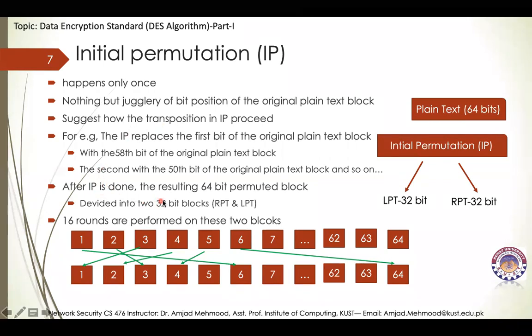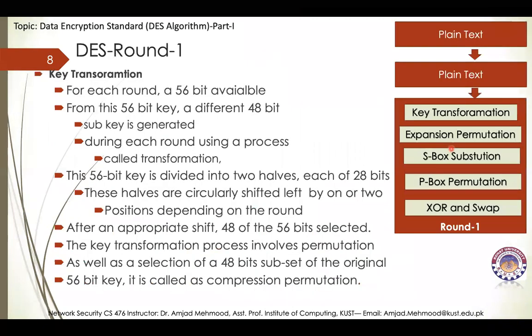After IP is done, the resulting 64-bit permuted block is divided into 32-bit left plain text and right plain text. As you see, after the jugglery of bit positions, this is divided into LPT and RPT, and then it is passed to the 16 round blocks.